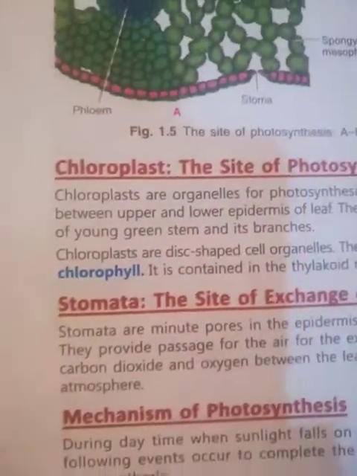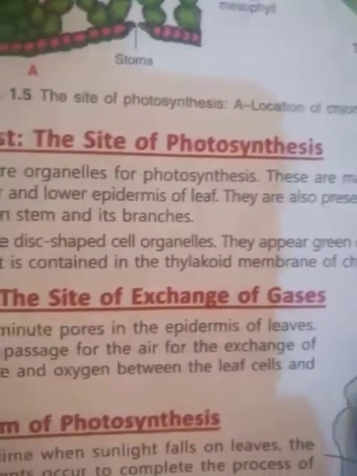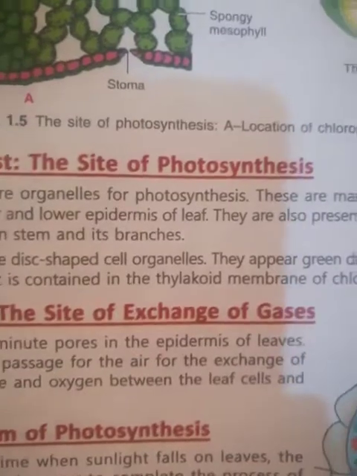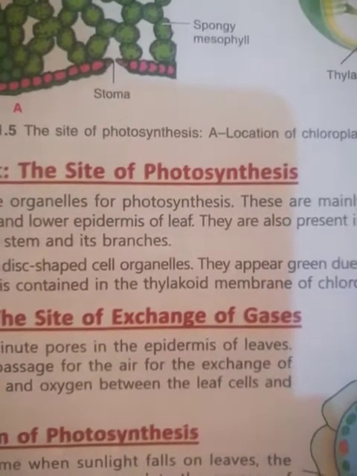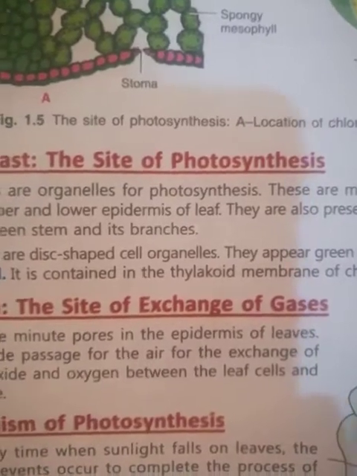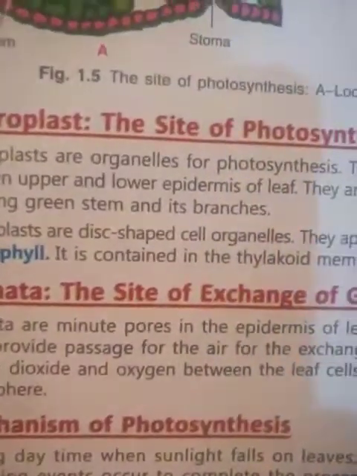Next, chloroplast, the site of photosynthesis. Means photosynthesis takes place in the chloroplast of the green part or the leaf. Chloroplasts are the organelles of photosynthesis.